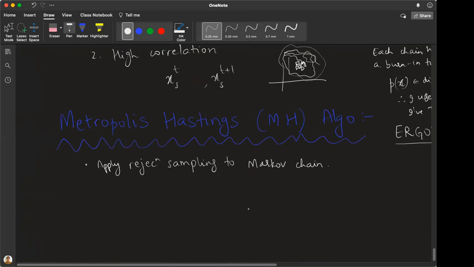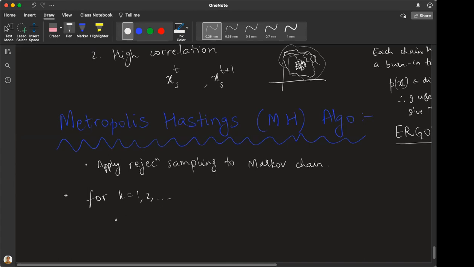Okay, now we have arrived at the Metropolis Hastings algorithm. So we are applying rejection sampling to a Markov chain. Let's start with stating our algorithm first. It's an iterative process for k equal to 1, 2, and so on.